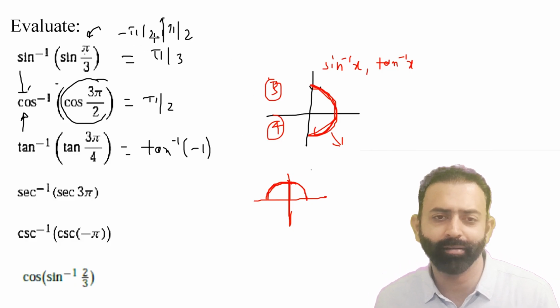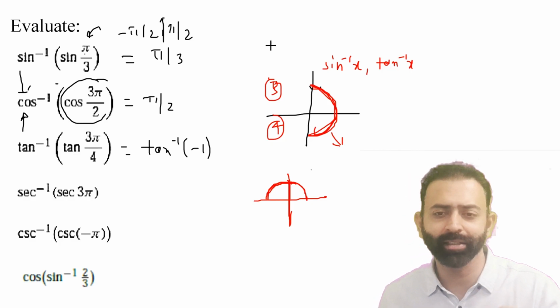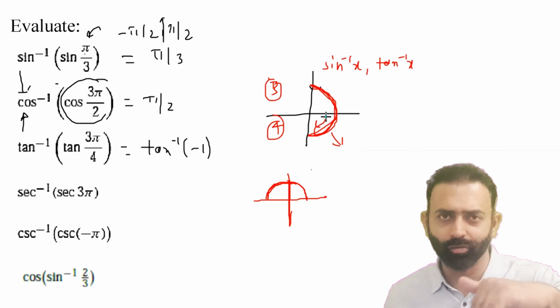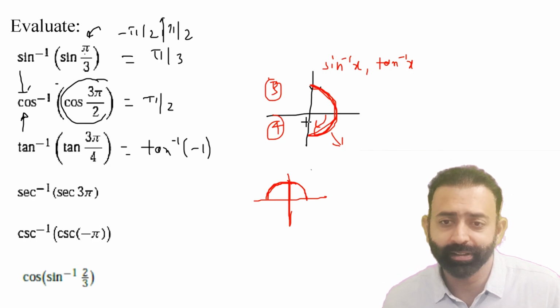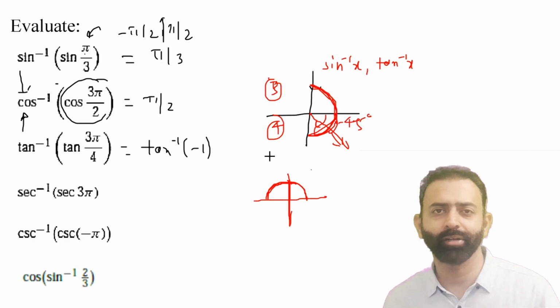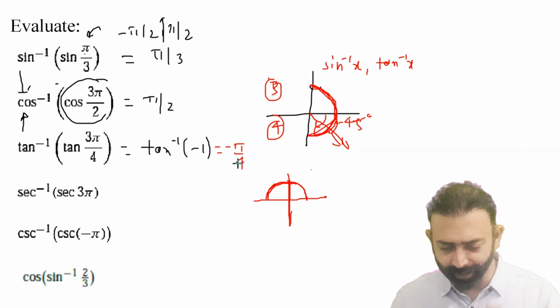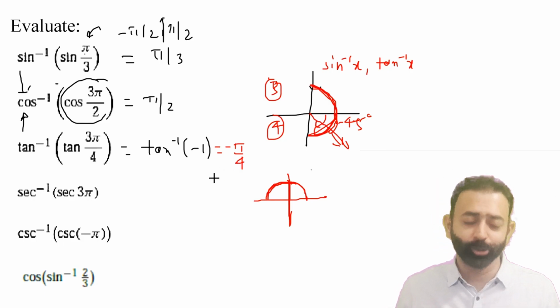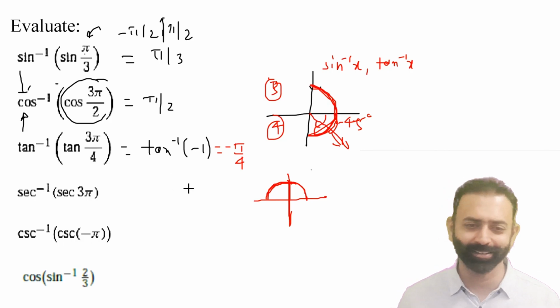If the angle is written as -π/2 to +π/2, a minus angle means you are measuring the angle clockwise. So this tan inverse -1 is basically tan -45 in the fourth quadrant, and -45 is -π/4. So the final answer will be -π/4, and this -π/4 is lying in the domain. It should, and it has to, because we have built the concept like this.